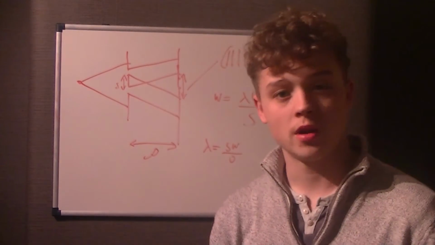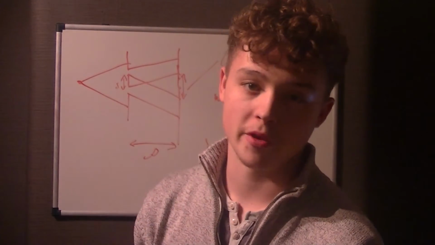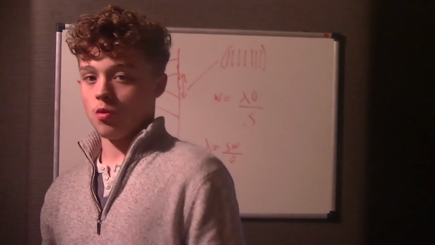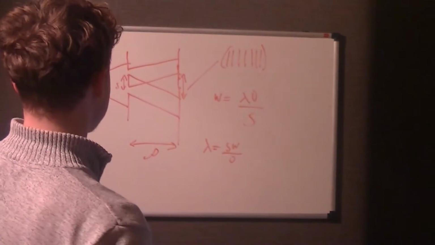There's one of the experiments where you fire electrons through it, and when you put a camera there, the pattern disappears, which is quite interesting. But for the moment, we're just going to focus on Young's double slits.